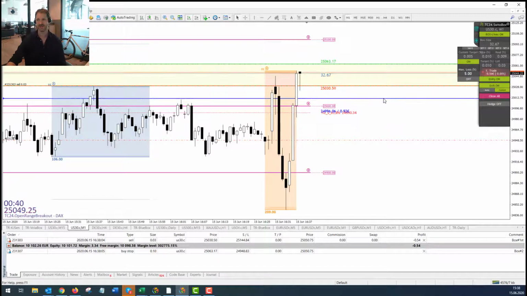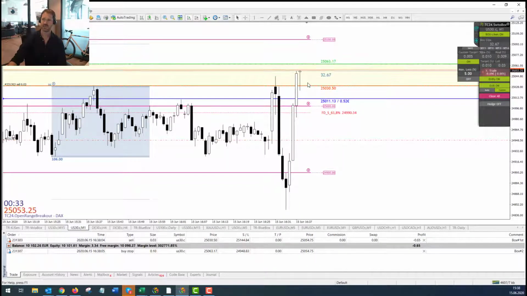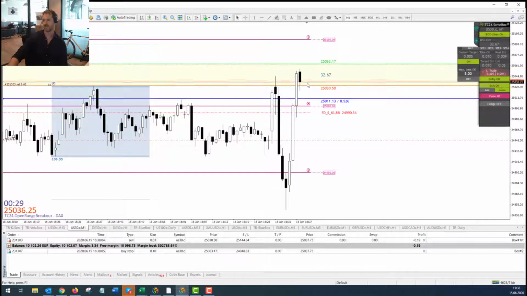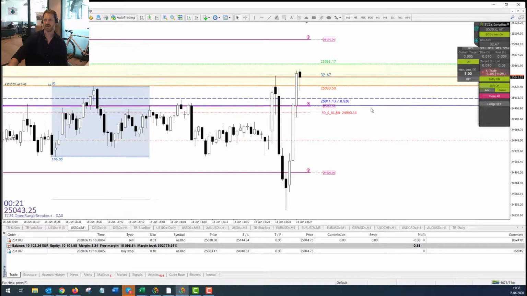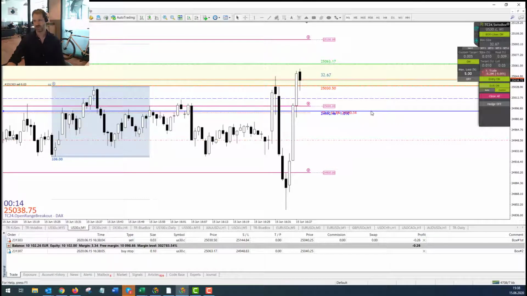So I can either exit here according to my regular settings on the blue line, or if the market was about to come down a little bit, then I can adjust my take profit accordingly and just try to get a little more money out of this trade. So this is the first scenario.